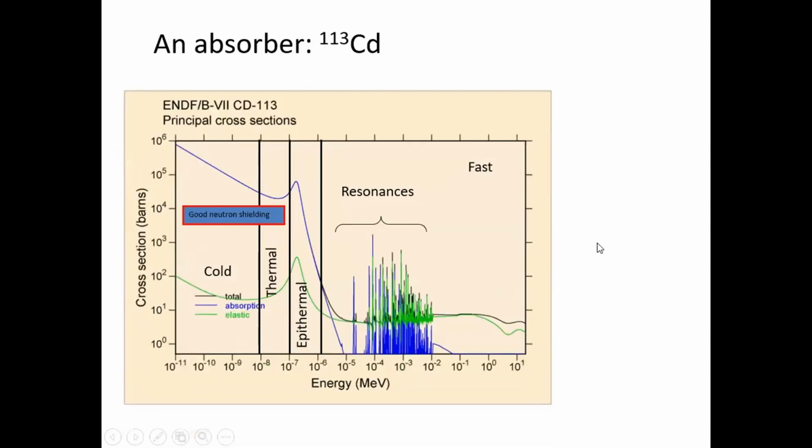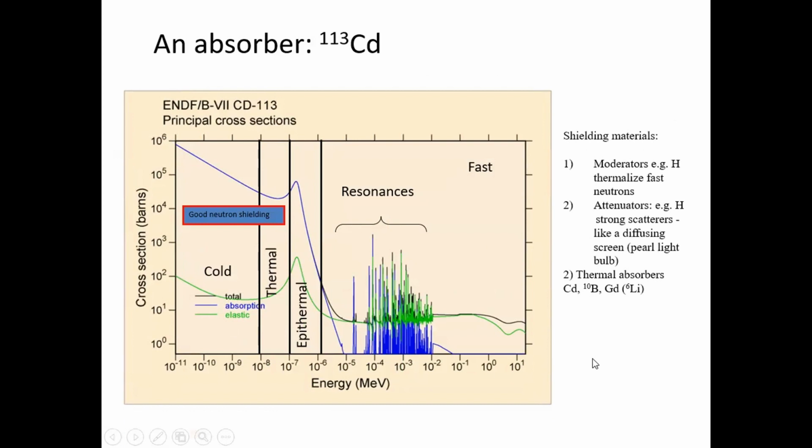Let me also very briefly talk about this cadmium. It is generally used as a shielding material, and in current nuclear systems, they are the absorbers for the neutrons, because they have shown very high cross section for absorption.